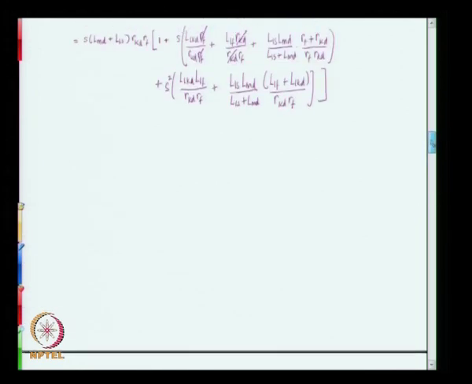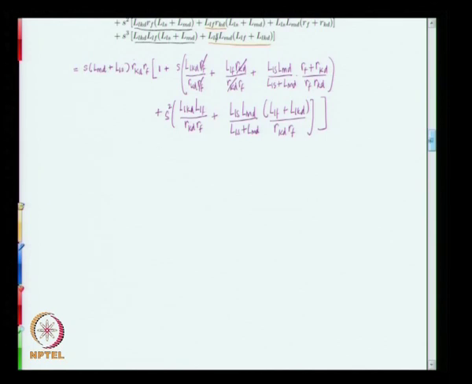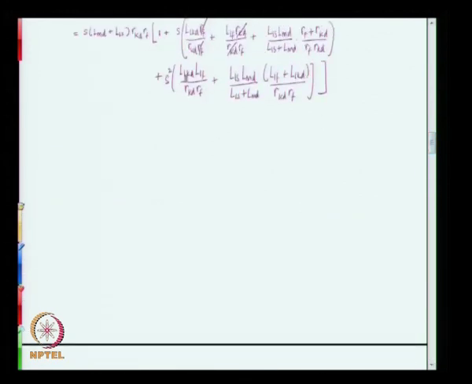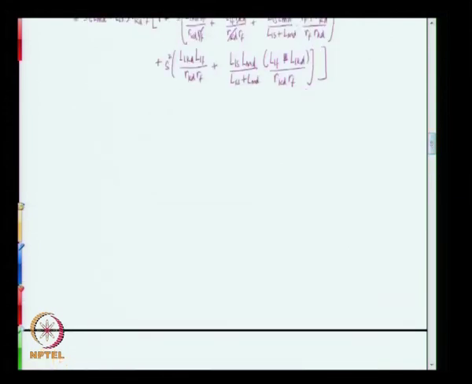So, that is what we have here, and then you have product of two inductances divided by their sum, LLS LMD by LLS plus LMD multiplied by this, and then as the S square term you have LLKD LLF by RKD RF. So, that is what we have here, and here you have LLS, the same term coming here, and LLF plus LLKD by RKD RF. So, that is again what we had here. So, in this manner one can simplify it.